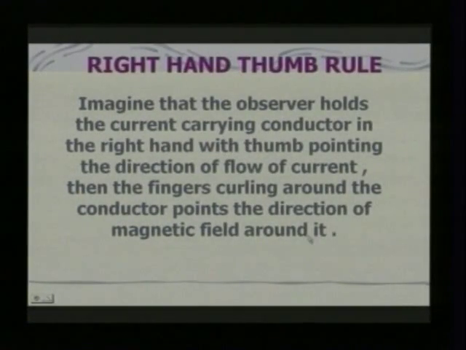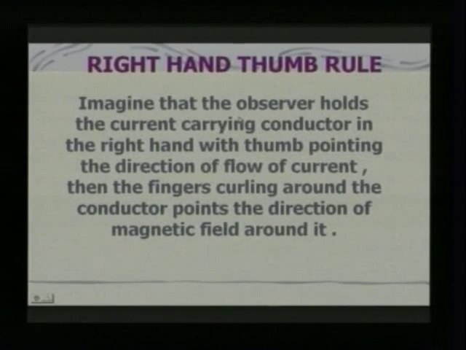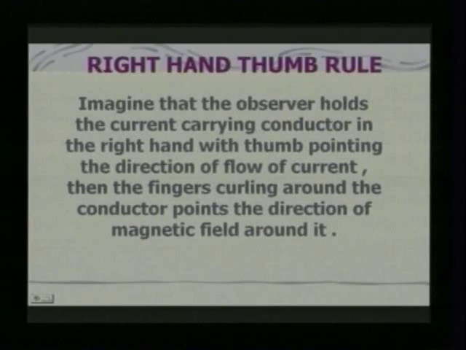Now we can explain the second rule for the direction of magnetic field, that is right hand thumb rule. This is stated as follows. Imagine that the observer holds the current carrying conductor in the right hand with thumb pointing the direction of flow of current.